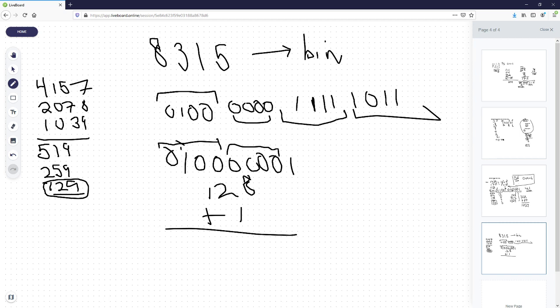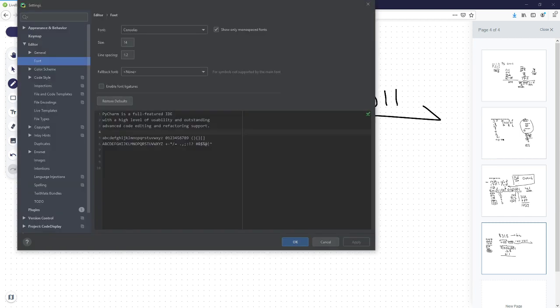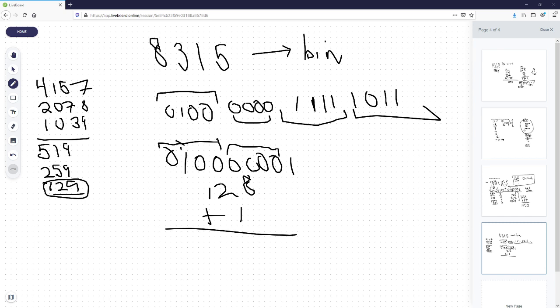So the good news in life is that in previous semesters we forced people to actually do these conversions. Oops. You can't see that. That doesn't exist. We used to force people to do these conversions on exams. But it seems like that may not happen this semester.